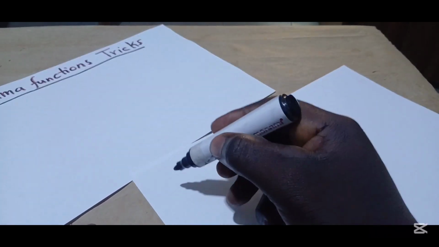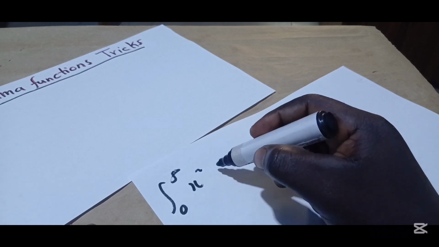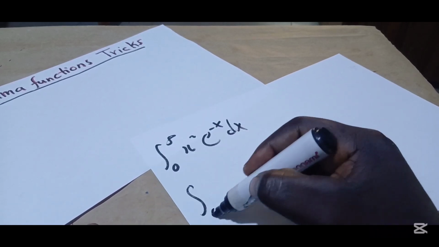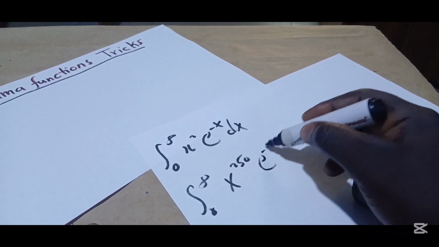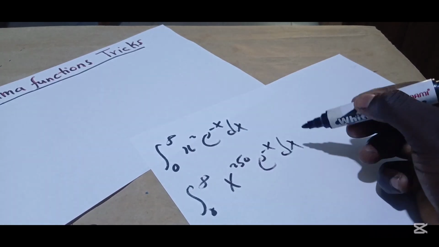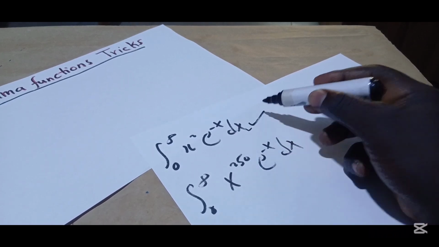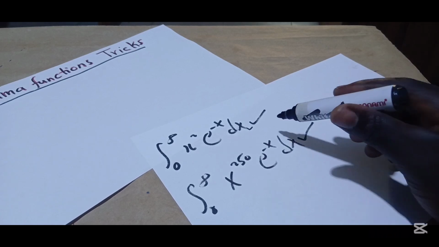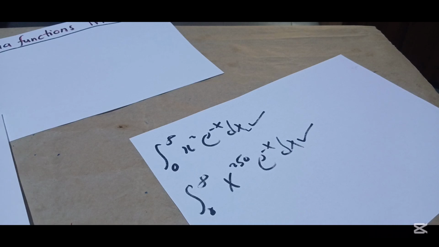Let's say I am to integrate from 0 to infinity of x to the power 2 e to the power minus x dx, and from 0 to infinity x to the power 250 e to the power minus x dx. It would be easy for me to integrate this as compared to this. But with gamma functions, you can easily integrate any of these with a little bit of ease.